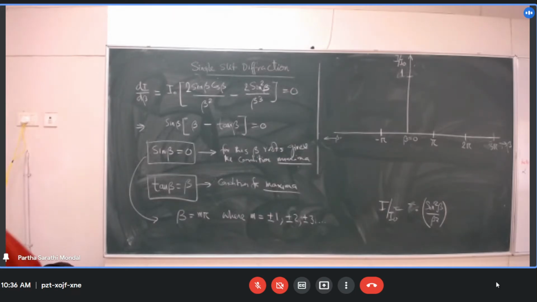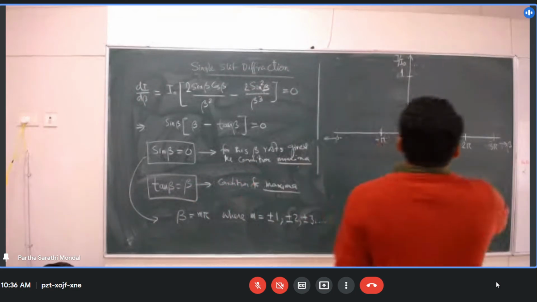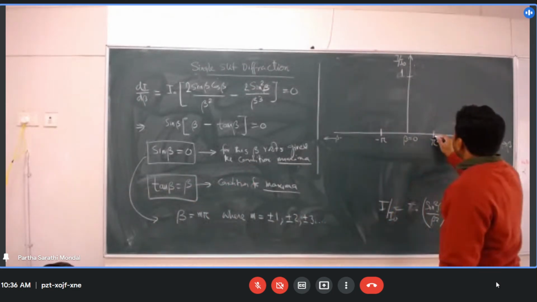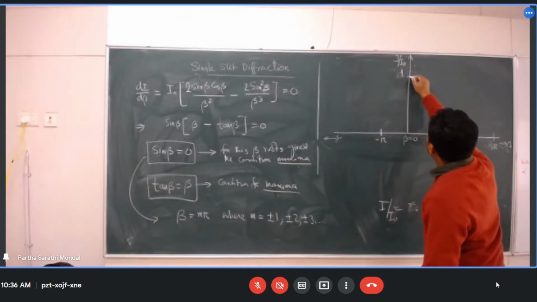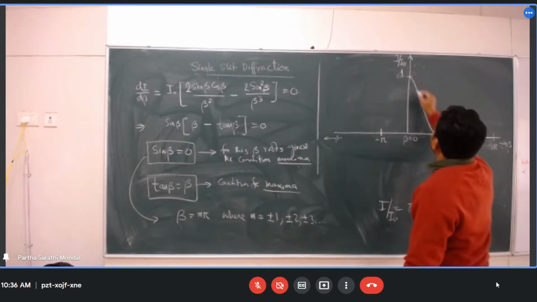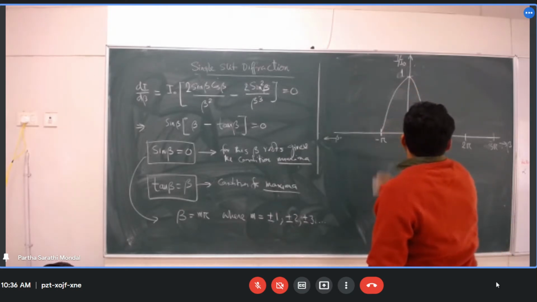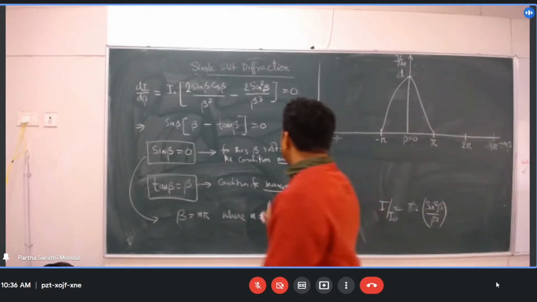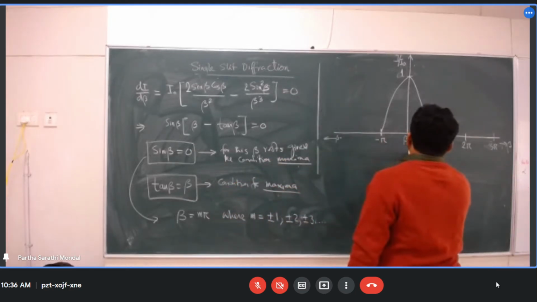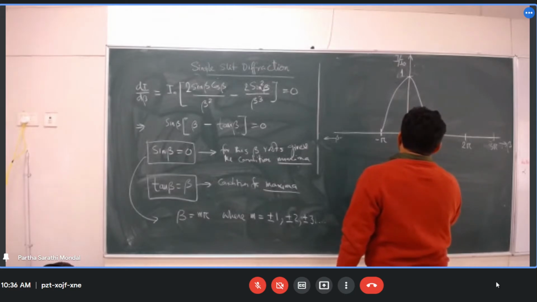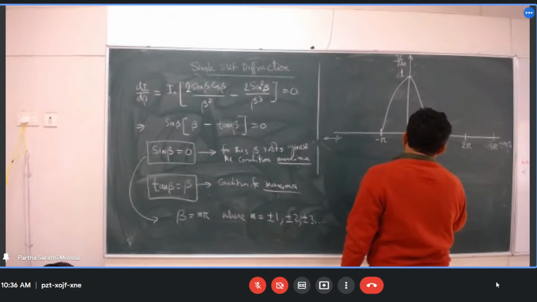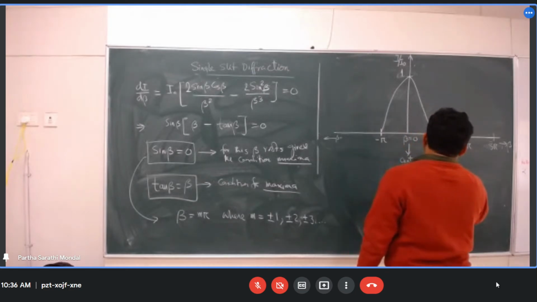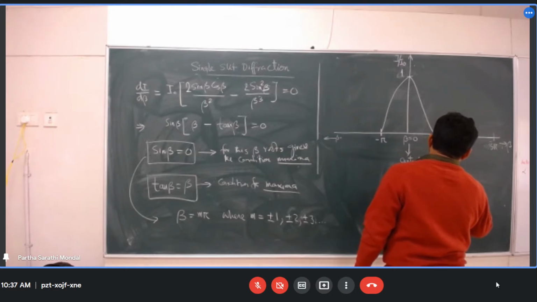No, sir. Okay. So now you will get a maximum intensity here, and we know that you will get minimum intensity here. Okay. So now we don't know what is the second. This is central maximum, and this is first minima.